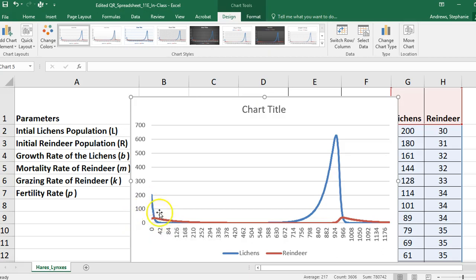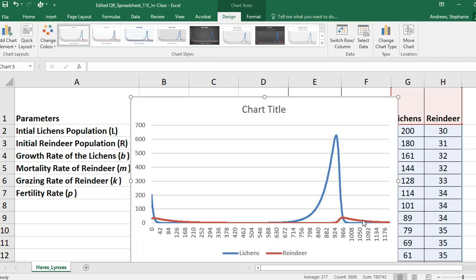Wow, that's fast. I wish I had a little bit more behind it. But right here, the reindeer are eating the lichen at a very high rate. The lichen die out, and then everybody is dead. And then it shows that the lichen come back to life, but it also shows that the reindeer come back to life. And that's not possible unless they've restocked the island with reindeer.